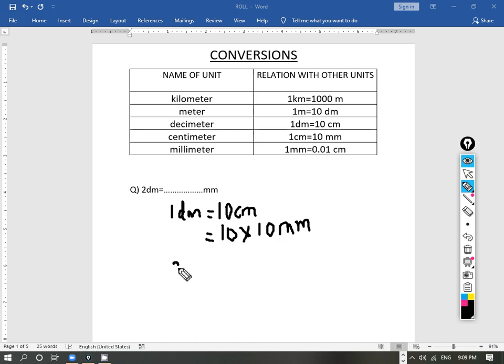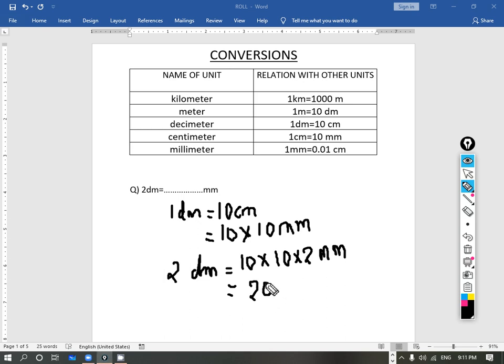So 2 decimeter equals 10 into 10 into 2 millimeter. So this is equal to 200 millimeter.